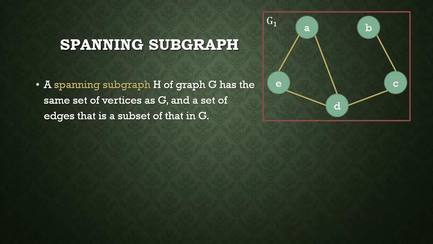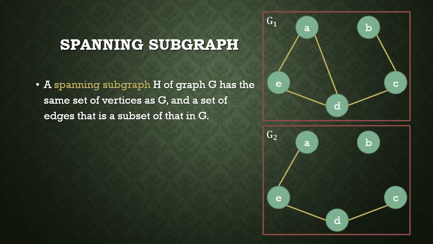Spanning subgraph. A spanning subgraph H of graph G has the same set of vertices as G and a set of edges that is a subset of that in G. So we have the graph G1. Look at the graph G2. The set of nodes in G2 is the same as the set of nodes in G1.